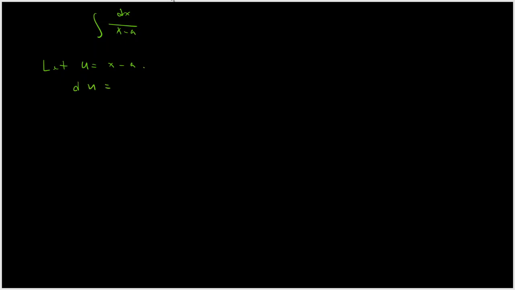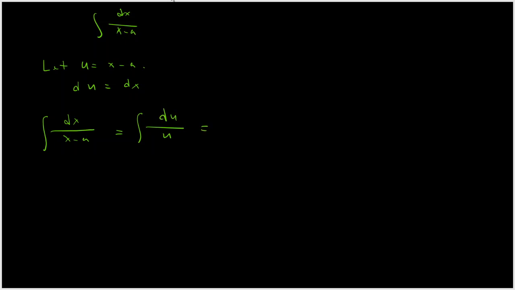We compute du, the differential of u. du is dx, since the derivative of x is equal to 1, right? And then the given integral is converted to a new integral of u. I will copy the given one. On the denominator you have u. On the numerator, dx is the same thing as du, right?